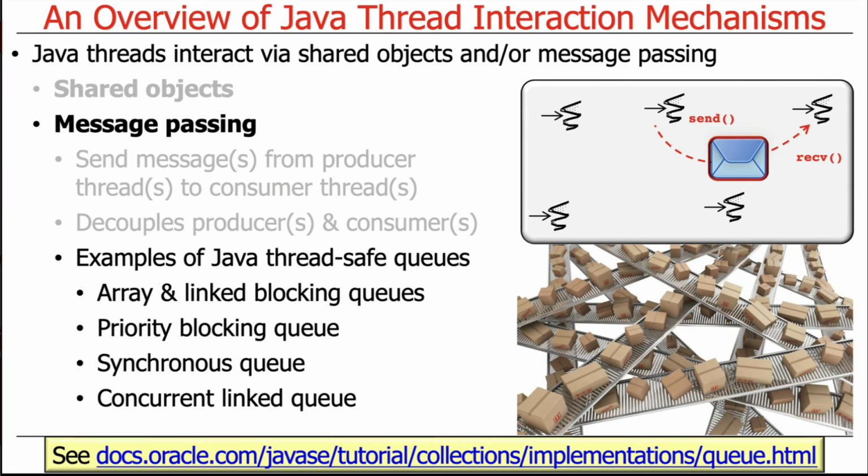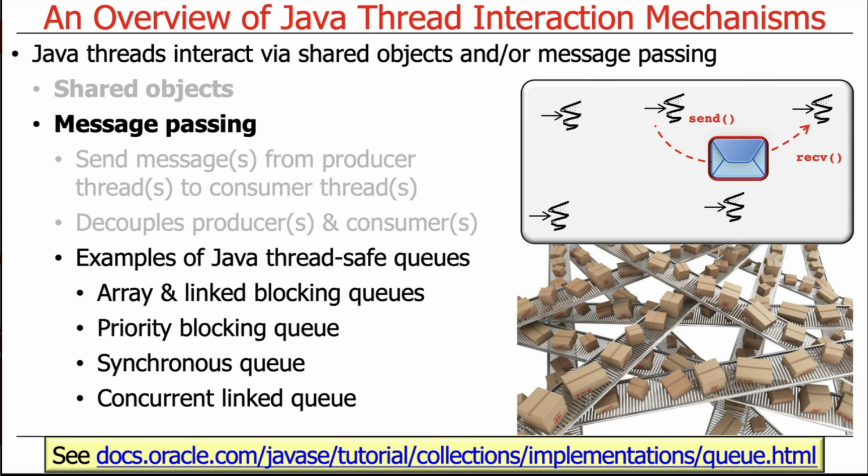And there's a whole slew of Java thread-safe queues that are used for message passing. There are array and linked blocking queues, and these are all basically in FIFO order, first in, first out. There are priority blocking queues, where things are inserted in any order but removed by the order of their priority.